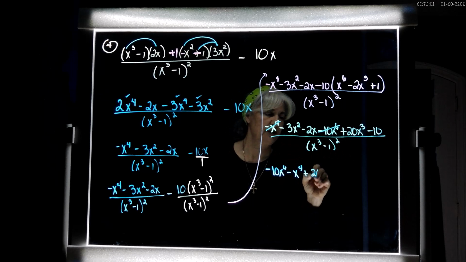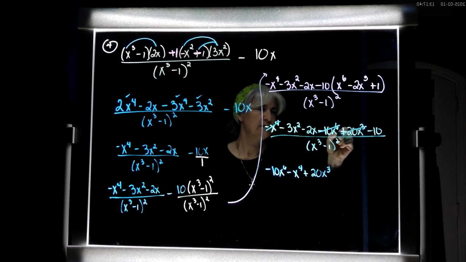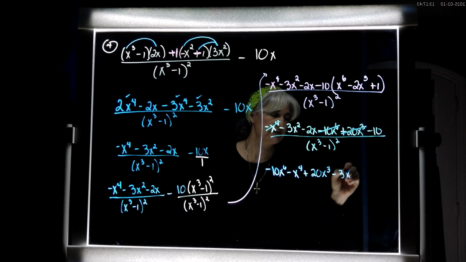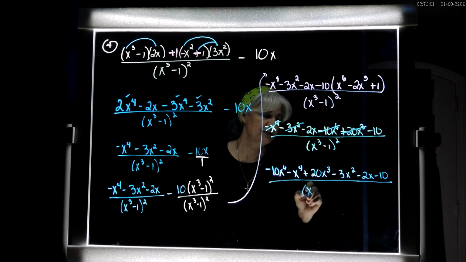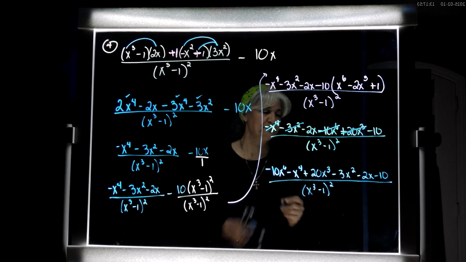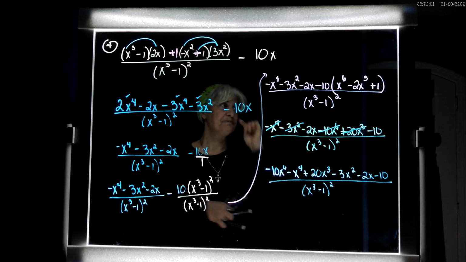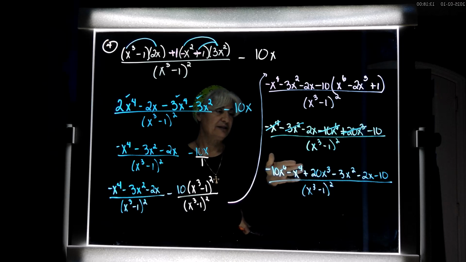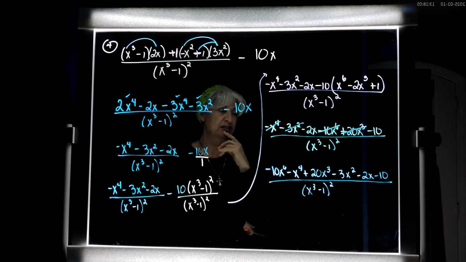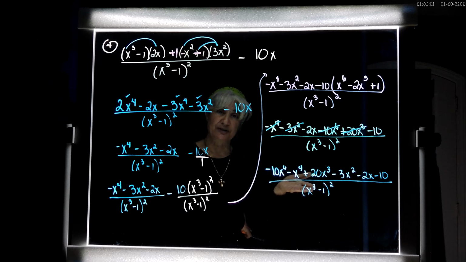And a positive 20x cubed and a minus 3x squared and a minus 2x and then a minus 10 all over this lovely denominator. Cool? Are you guys with me? Well, that looks like a lot of fun, doesn't it? And now, that numerator, it's fine. It's not going to factor. We're good with it. So, that's how this problem turns out.